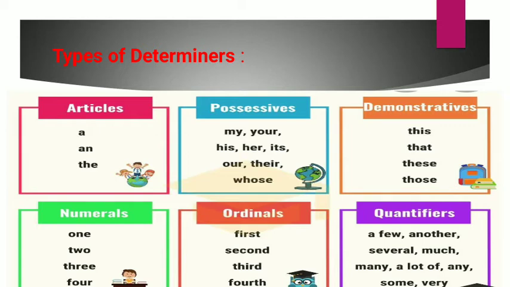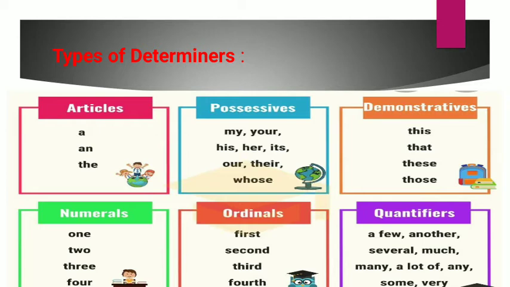Articles are definite and indefinite. The is used as the definite article, and a and an are the indefinite articles, with an used before vowels.